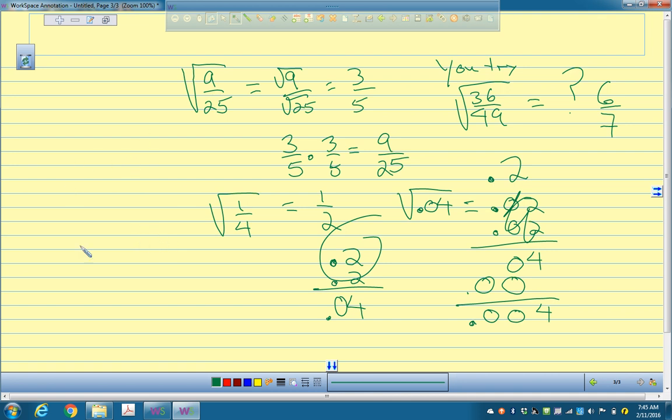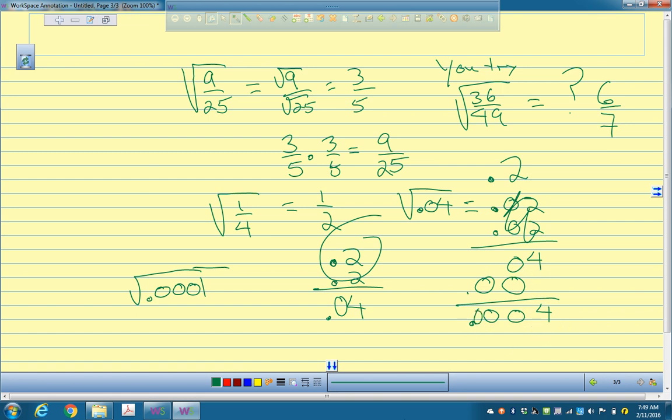Try another one. How about the square root of 0.0001? Because there are 4 decimal places here, you move it over.